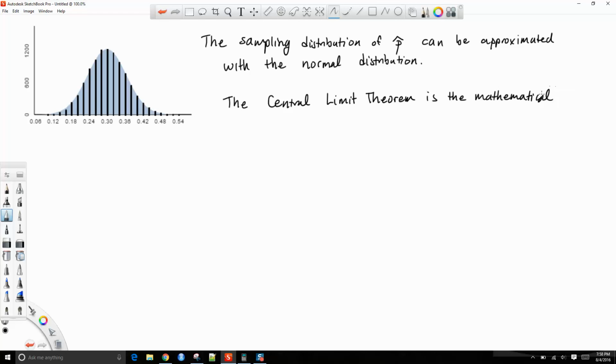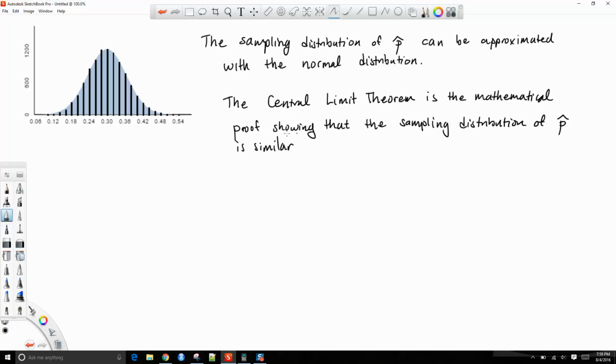It's kind of the mathematical proof showing that the sampling distribution of p hat is similar.